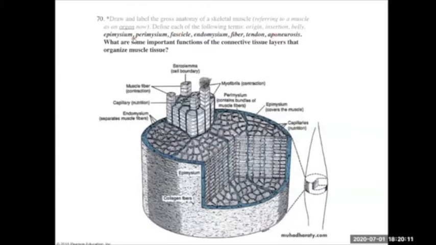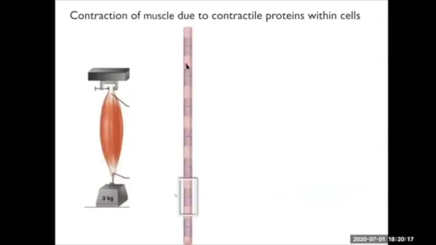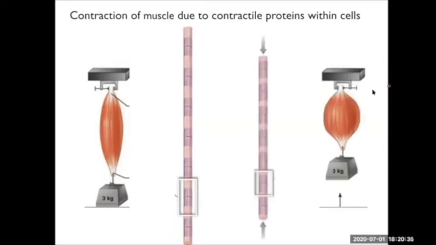And now here we're going to talk about the functions of these connective tissue layers. Backtracking a little bit, we have the muscle that's going to be composed of the fascicles, which are going to be composed of the cells, which inside are going to have the actual contractile proteins, right? So when we're talking about muscle contraction as a whole, it all boils down to the contractile elements within a cell.